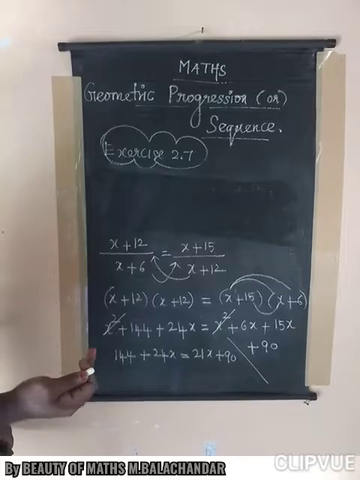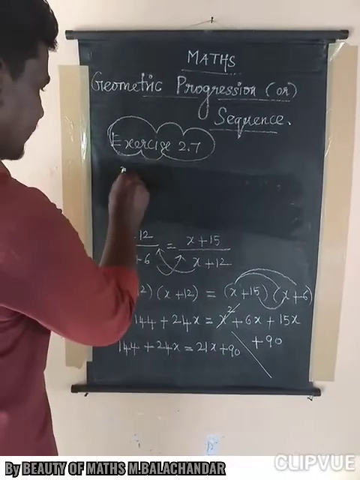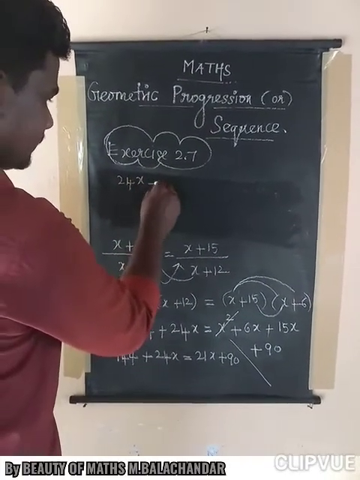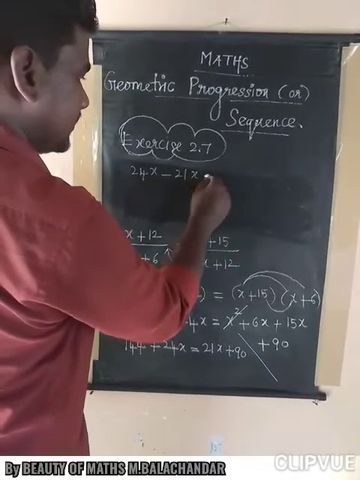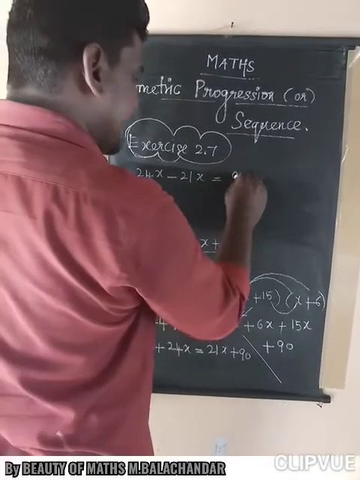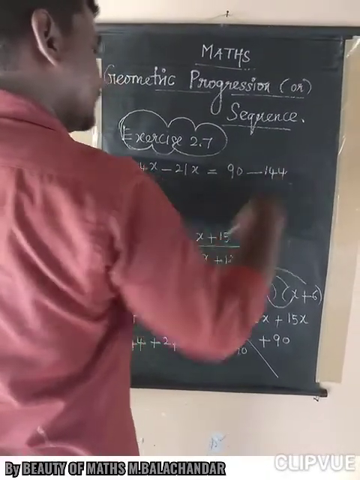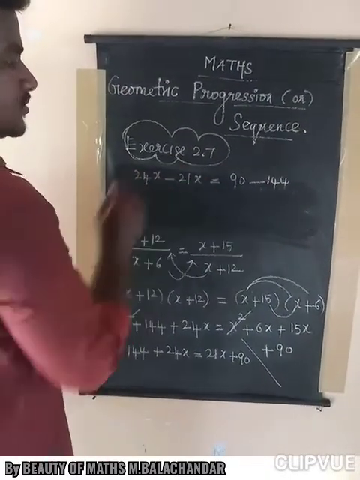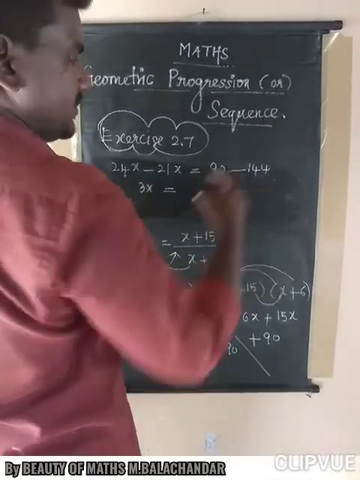Better we can take the variable term to the left hand side and the constant term to the right hand side. So 24x minus 21x is equal to 90 minus 144. So 24x minus 21x is equal to 3x, which is equal to 90 minus 144.